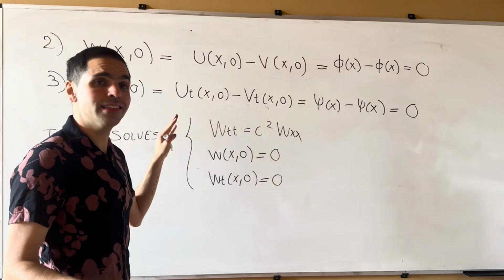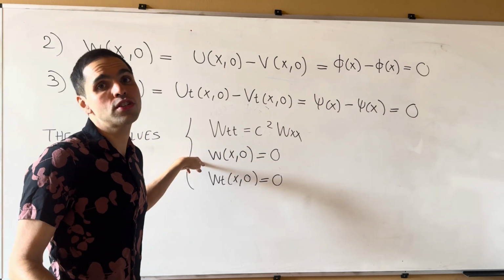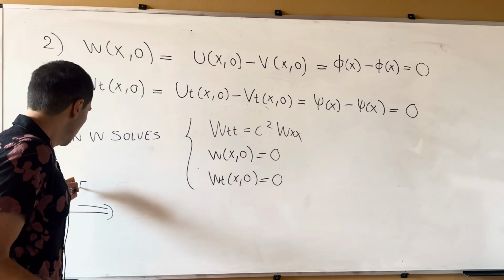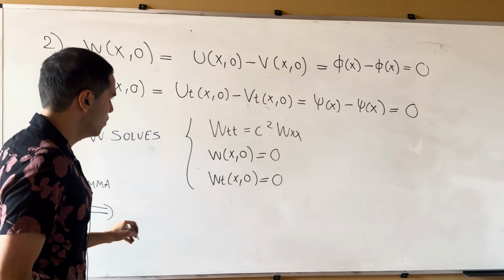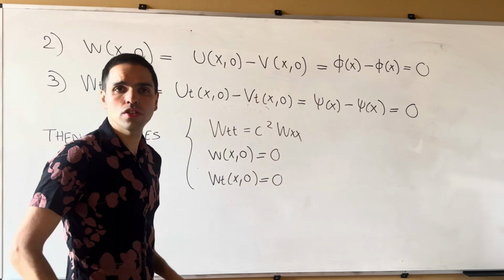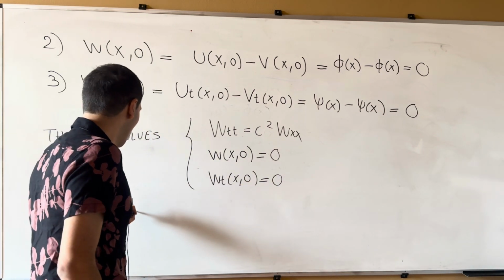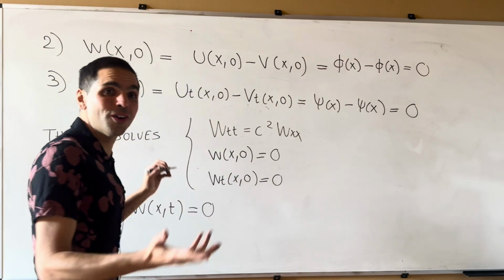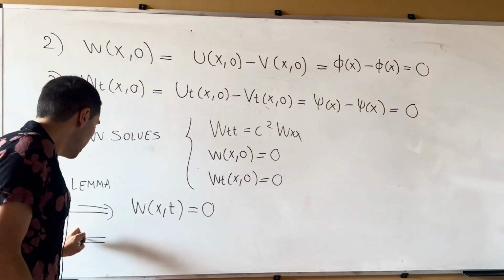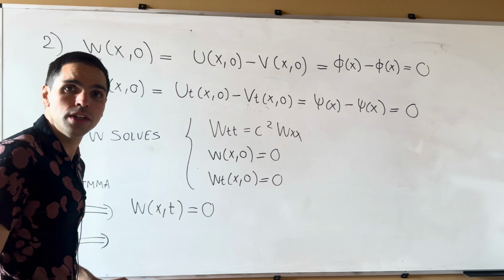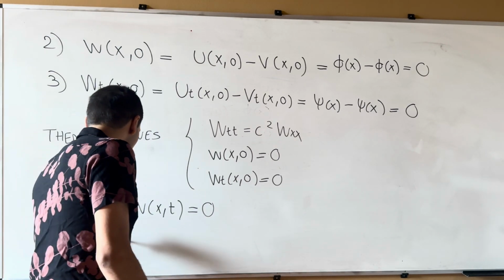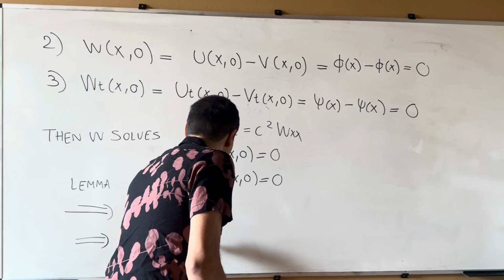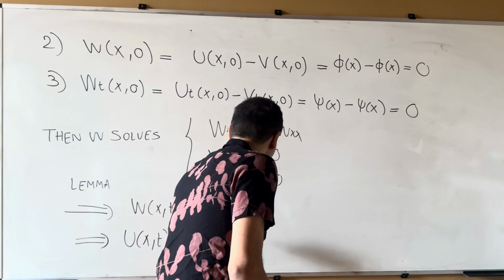But notice, this is precisely the situation of the lemma. So by the lemma, we know that if you start with 0 position and 0 velocity, you are the 0 wave. But now, remember, W is U minus V. So U of (x,t) minus V of (x,t) is 0.